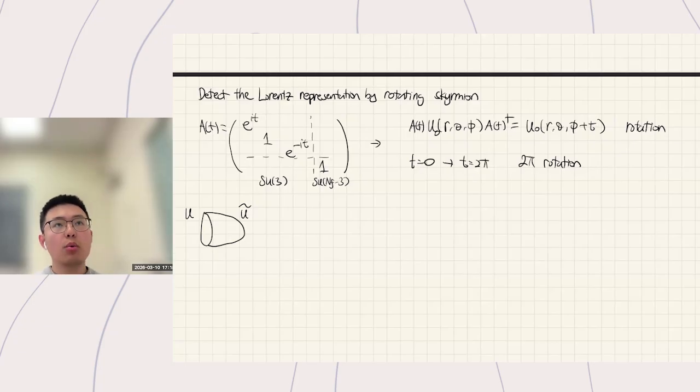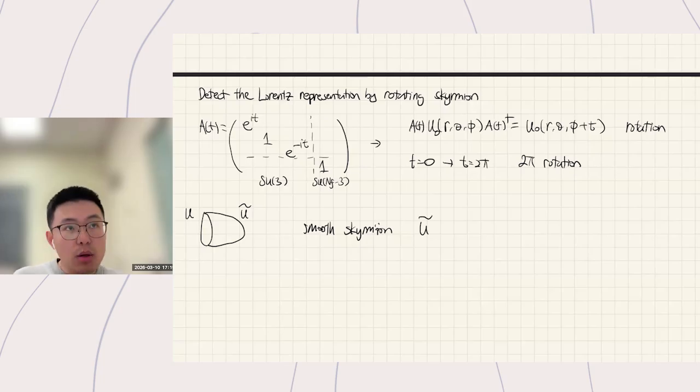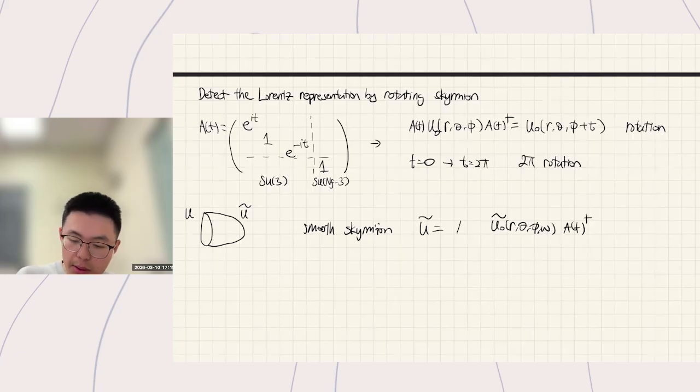Now with these configurations, let me first review how we think about smooth skyrmions. For smooth skyrmions, we can consider the following extensions of the field configurations. We basically extend U0, the skyrmion ansatz, into the extra dimension, and we also remember that there are some conjugation actions that rotate the skyrmions.